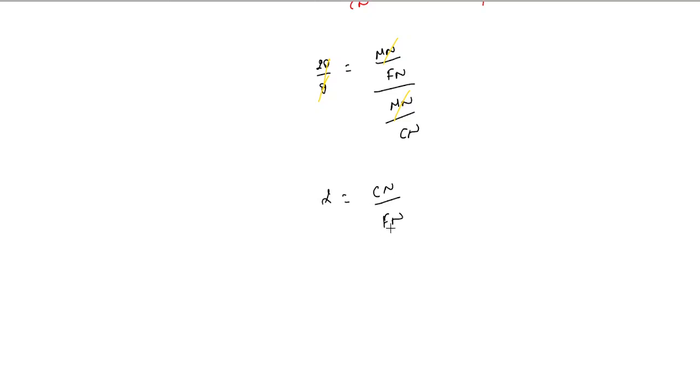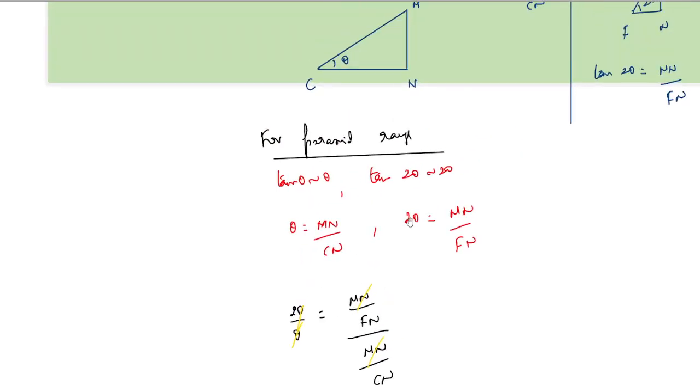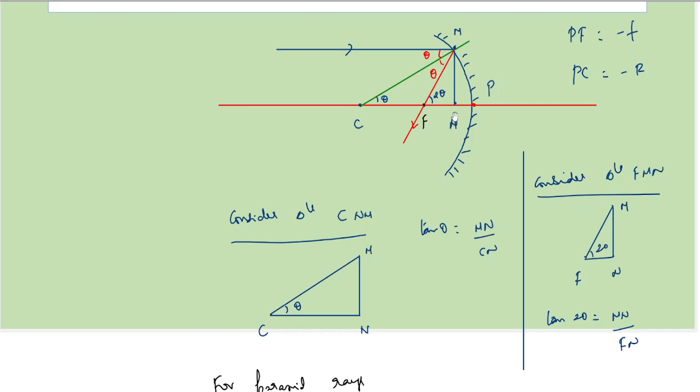But for paraxial rays, we replace point N with point P. So this becomes PC, because for paraxial rays point N is close to point P, and remember that for us P is the reference point.